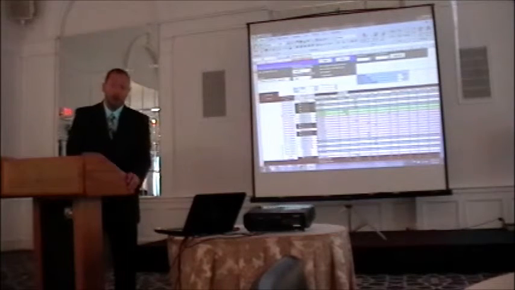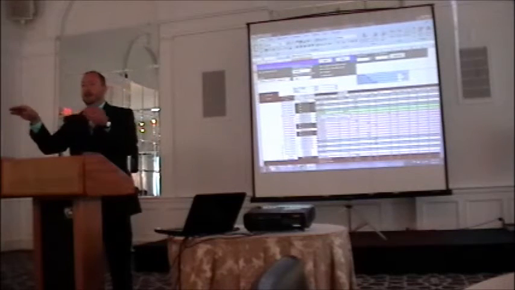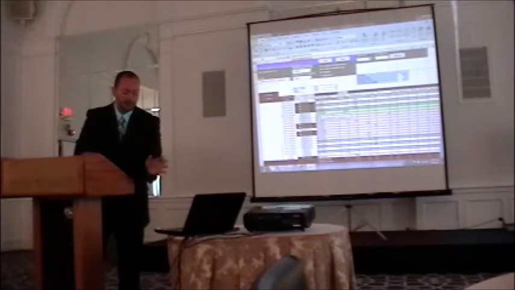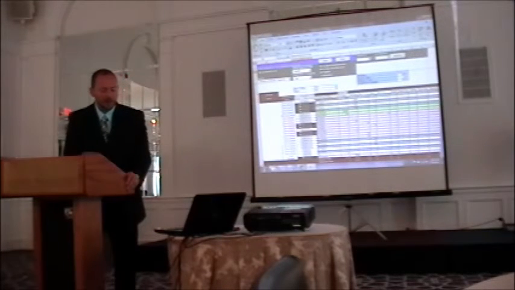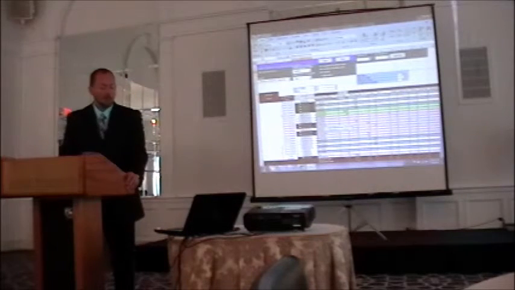Now, as far as color coding goes, there's lots of different colors here. If the venture shows up in green, that means that venture's been allocated or final matched, whatever term you use. If it shows up in pink, that means it's been pre-allocated.